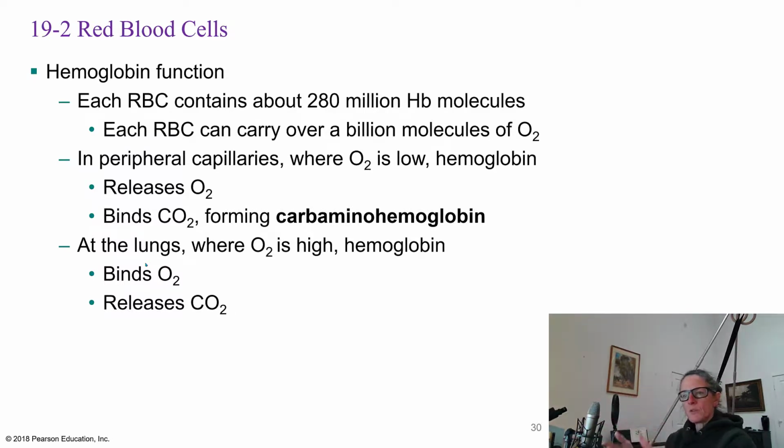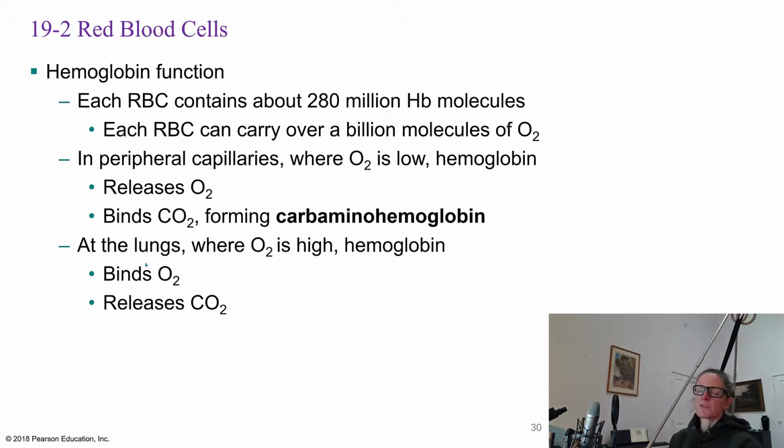They will be producing carbon dioxide, which is going to increase the carbon dioxide in the tissues, whereas the circulating blood in the capillaries, as it's coming through the tissues, is going to have low carbon dioxide. Then we're going to see the exchange of these materials. So oxygen goes one way, carbon dioxide goes the other way. So the red blood cells will pick up the carbon dioxide and carry it into venous circulation.